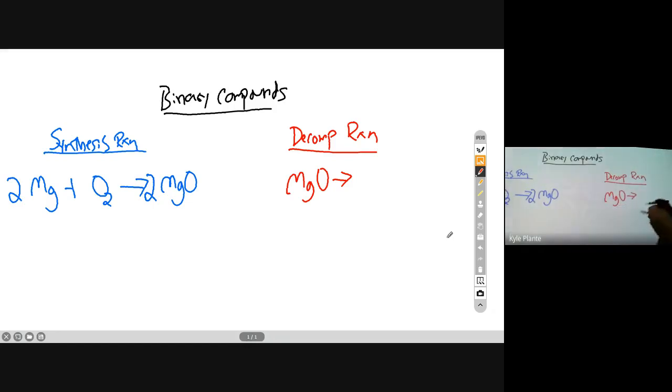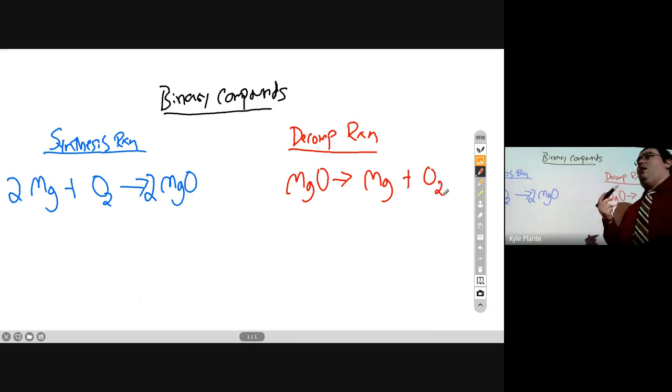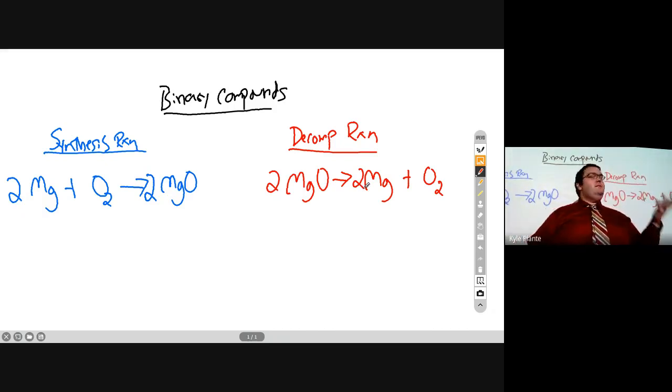So we break this down into its elements, magnesium and oxygen. Notice for oxygen, I always put O2. Oxygen is one of those elements that's a diatomic element when it's by itself. Those diatomic elements are circled on your periodic table. And since they're complete opposites of each other, we just put a 2 there and a 2 there, and we're balanced. So this is a synthesis and decomposition reaction for a binary compound.